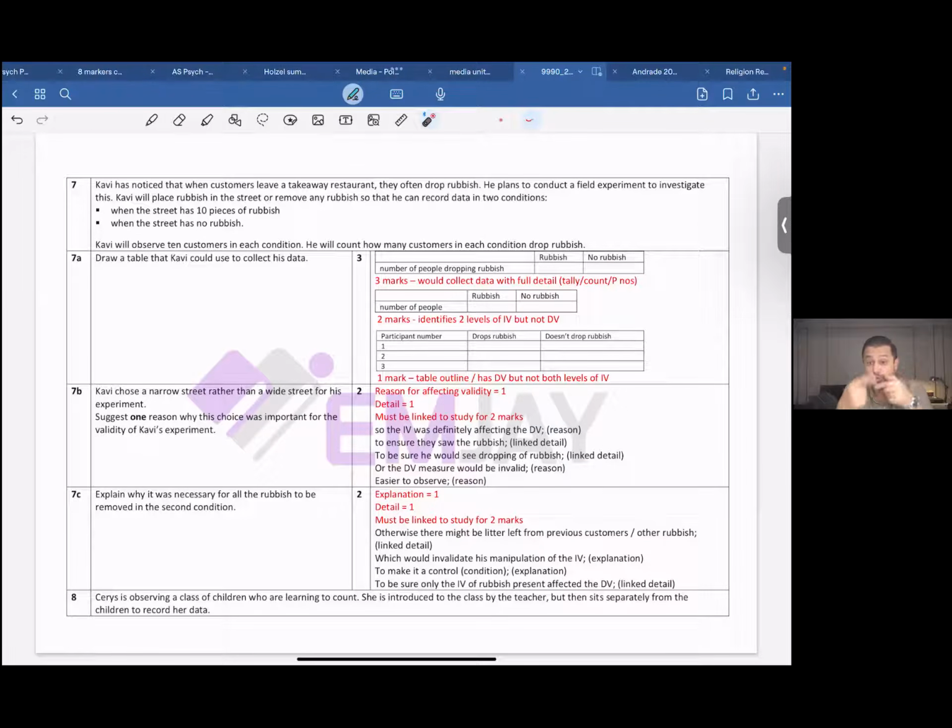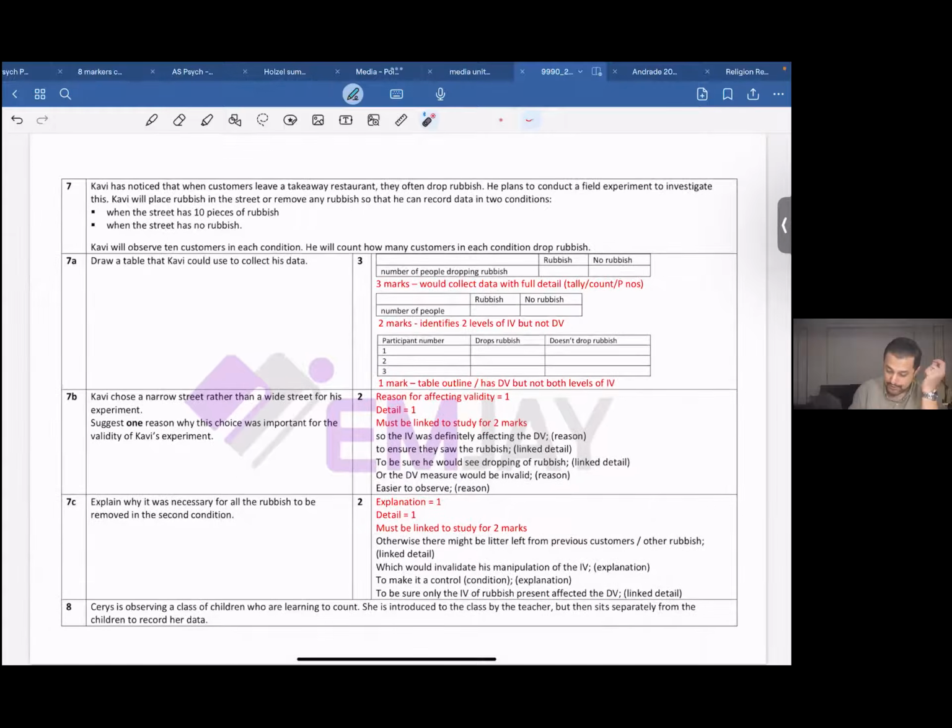Again, I'm saying this over and over again because paper 2 is based on research methods. They're based on novel situations, or a made up situation that the examiner would put in front of you to see how well you have understood your research methods. Are you confident enough to apply it in a novel or a new situation?